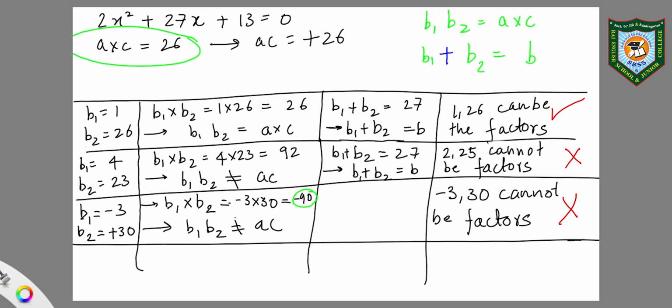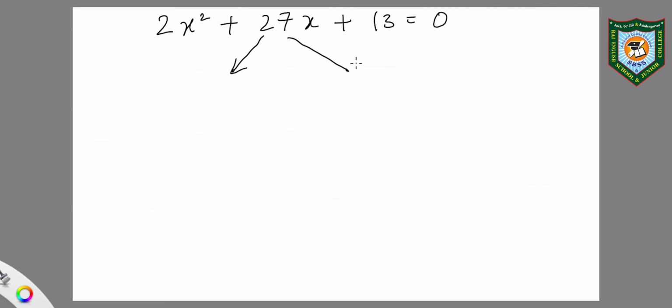Now the question comes, what to do with these factors. So we are going to see how to solve this quadratic equation. So remember, we had our equation as 2x square plus 27x plus 13 is equal to 0. And my b was split into two values. One was 1 and the other was 26.